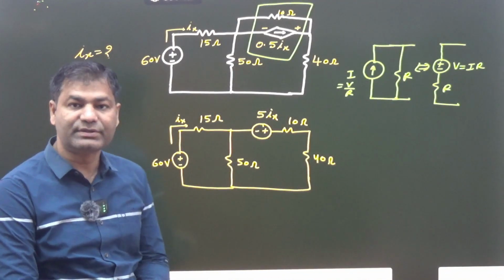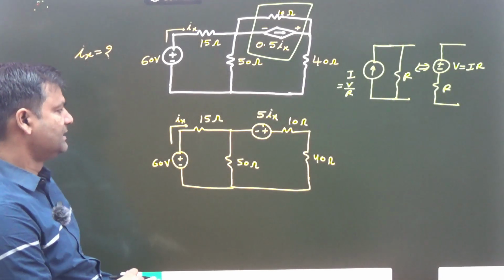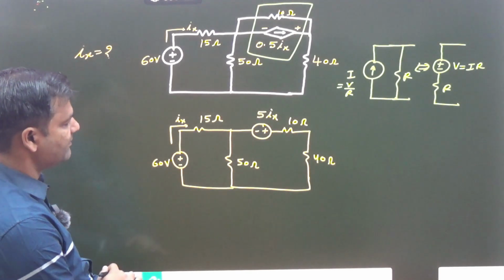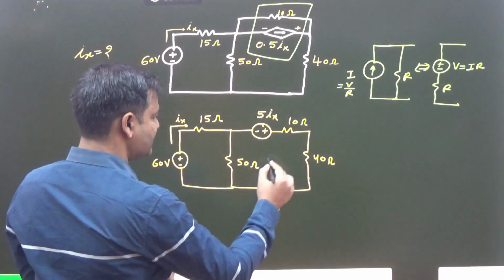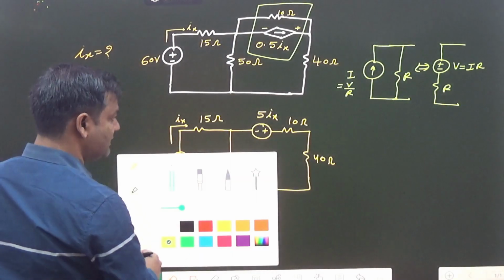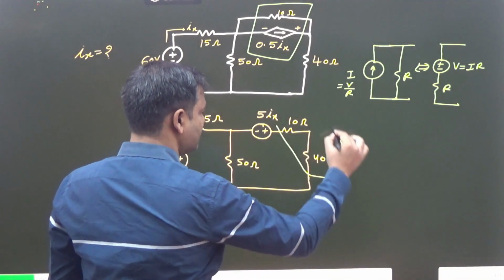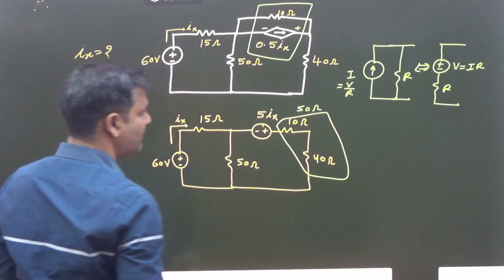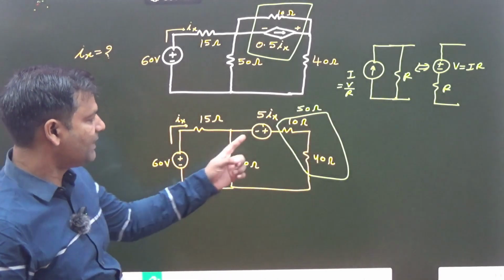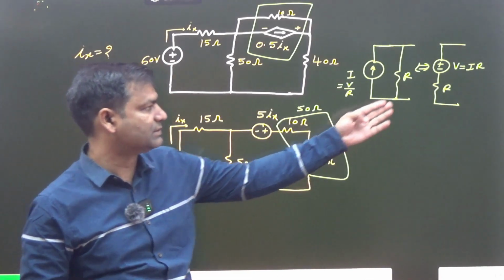After that, if you see very carefully, our motto is to determine Ix. If you recheck again, these two are parallel, these two are in series, these two are in series. So the combination of these two is 50 ohm. The 50 ohm and 5Ix are in series, that is a voltage source.